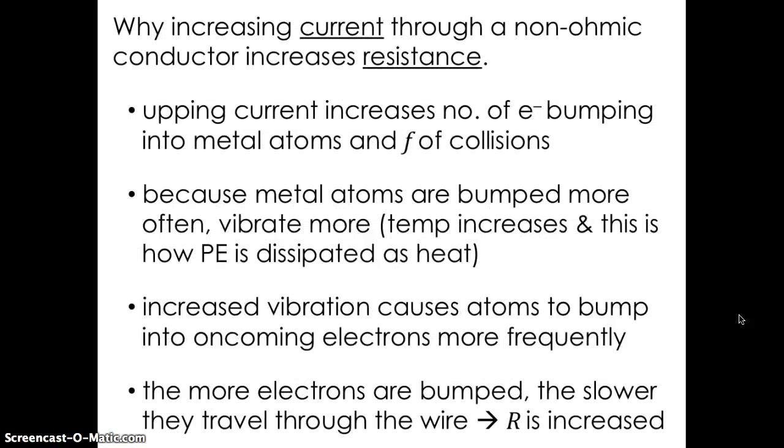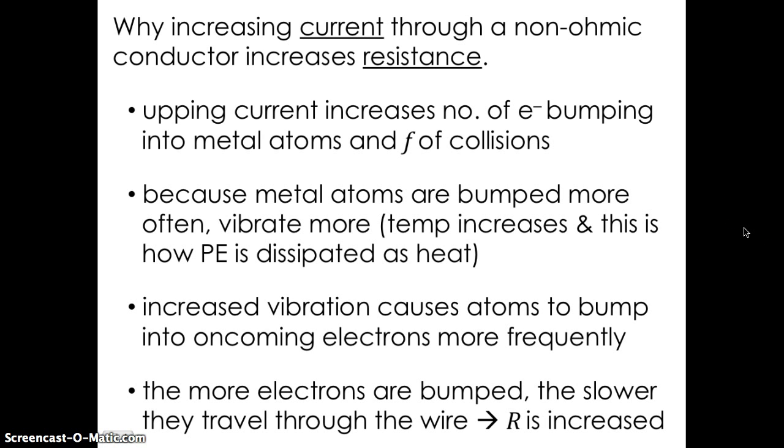And here's why this happens for non-ohmic conductors. If you up the current, then you're increasing the number of electrons bumping into the metal atoms of the conductor. And by sending more electrons through, you're increasing the frequency of collisions between electrons and the metal conductor. So because the metal atoms are being bumped more often, they start vibrating more.